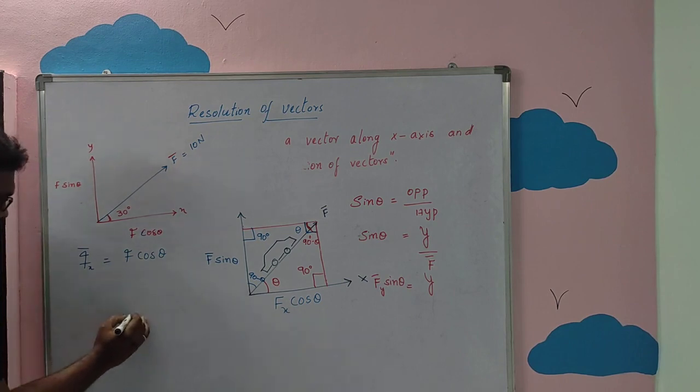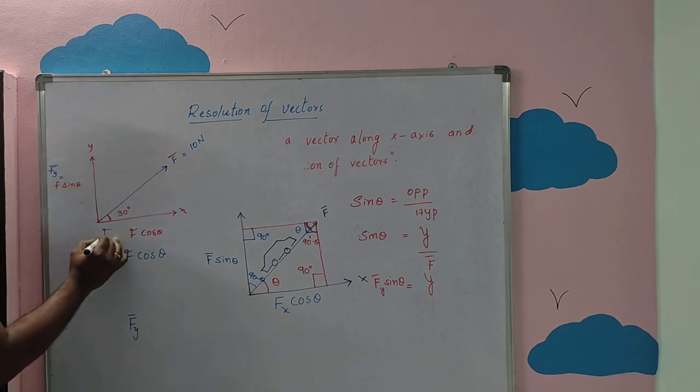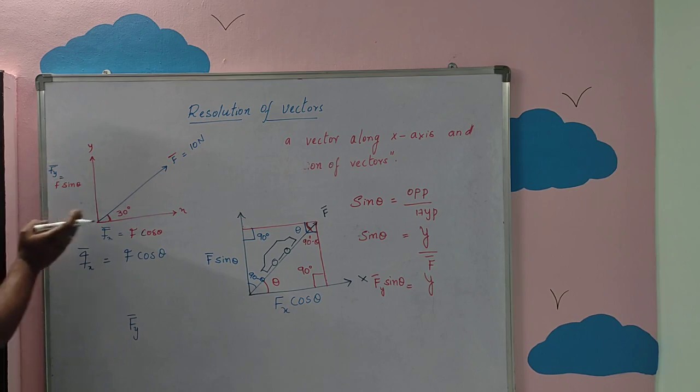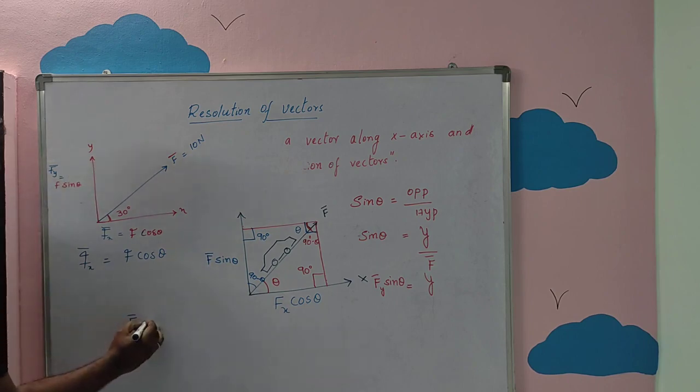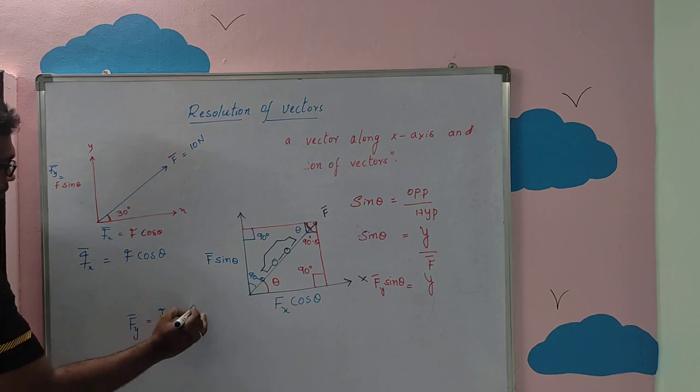And the force that acts along the y axis, say that is Fy. So, Fy is the force vector along the y axis. Fx is the force vector along the x axis, that is Fx equals F cos theta, and Fy equals F sin theta. So, this is F sin theta.